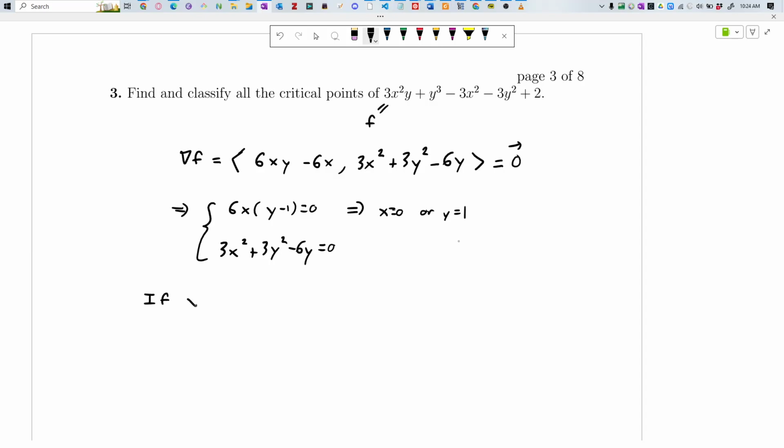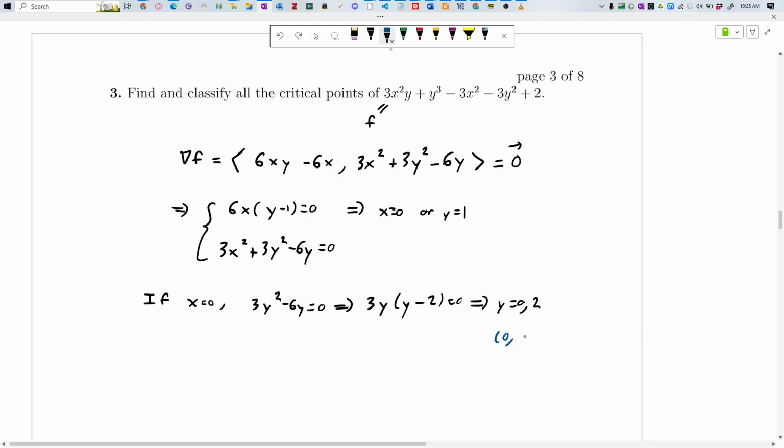If x is equal to 0, then this equation reduces down to 3y squared minus 6y equals 0, which implies, factoring out a 3y, we get y minus 2 equals 0, which means y is equal to 0 or 2. So this has given us 2 points, which I'm going to use a different color so that it's easier to see. When x is equal to 0, we end up with these 2 points. So this contributes the critical points 0, 0 and 0, 2.